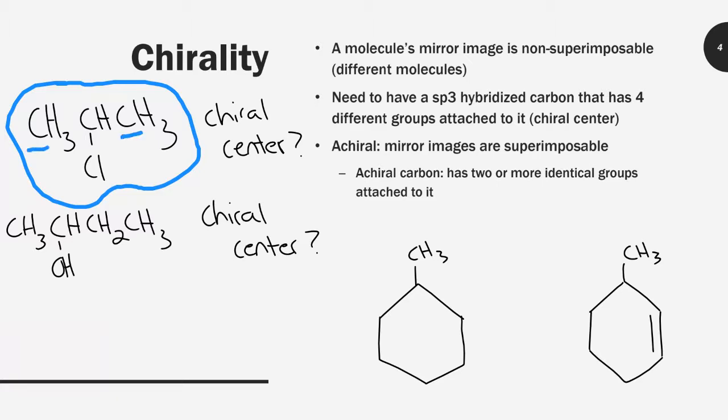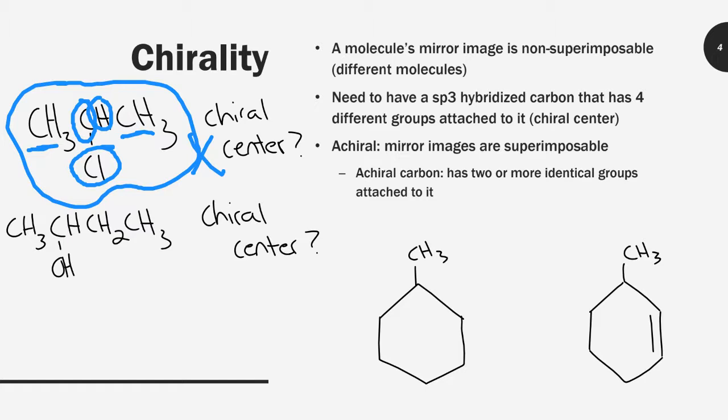So I know these 2 can't be chiral centers because they have 3 hydrogens. This one in the middle might look promising, but I have a chloro group here, a hydrogen here, and then I have 2 methyl groups on either side, which are identical. Okay, so there's no chiral center in that molecule.